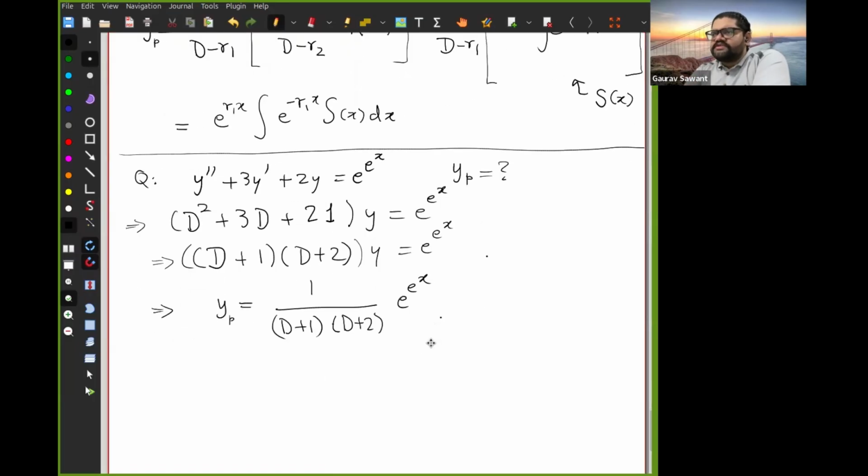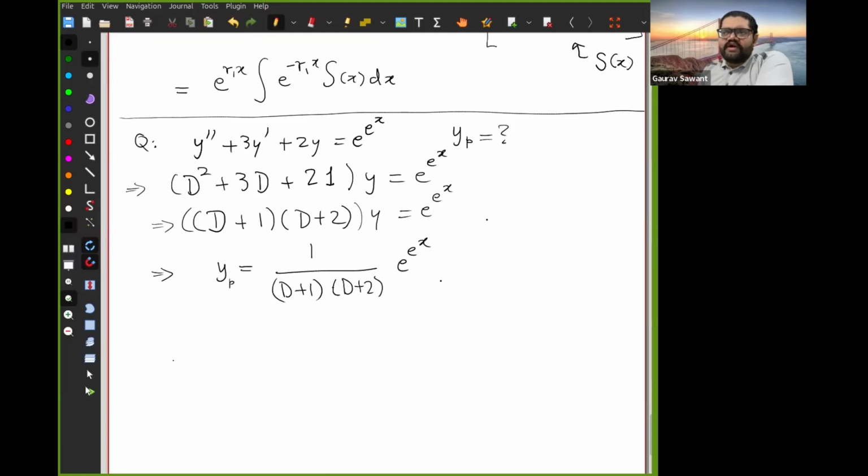So let's do the successive integration as 1 over d plus 1 second and 1 over d plus 2 first. Okay, so 1 over d plus 1 inside, 1 over d plus 2 e power x, which becomes 1 over d plus 1.